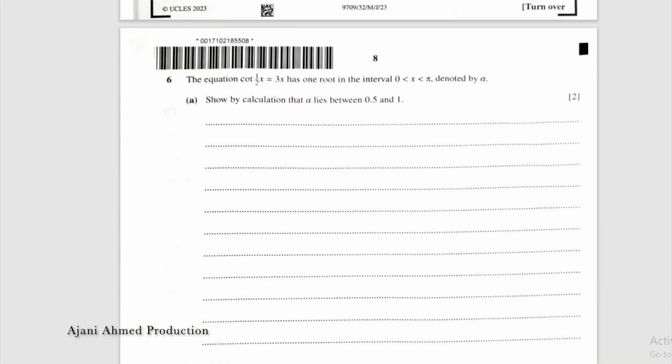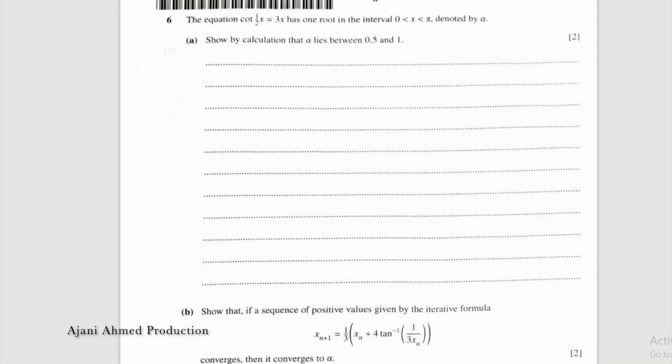The next question is number 6, numerical solution. The equation cot half x equals 3x has one root in the interval between 0 and pi, denoted by alpha.